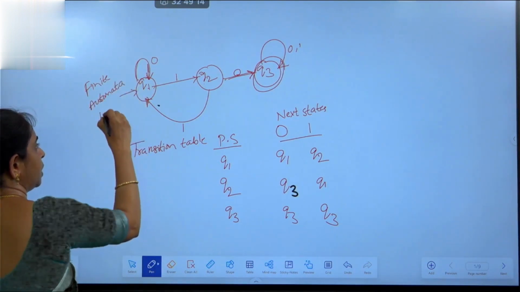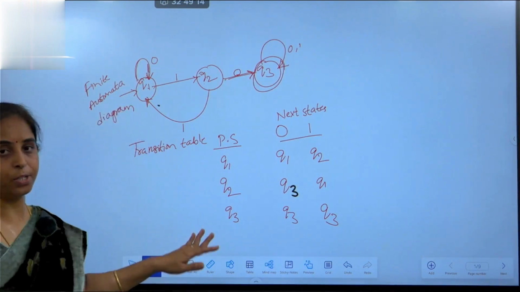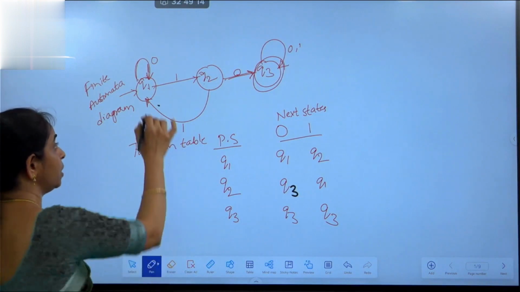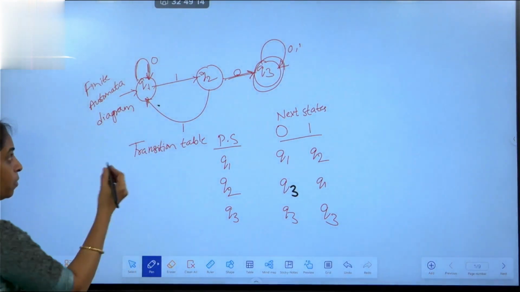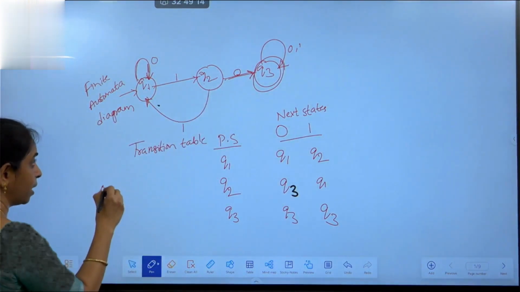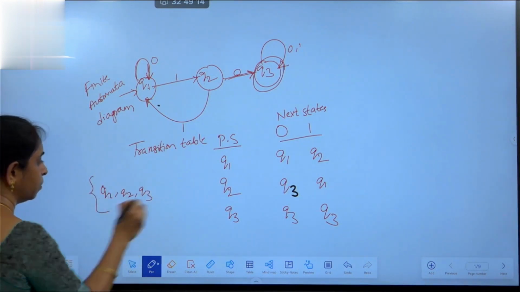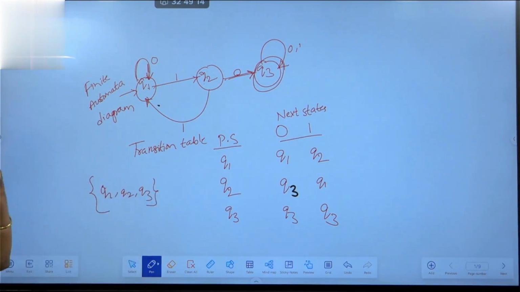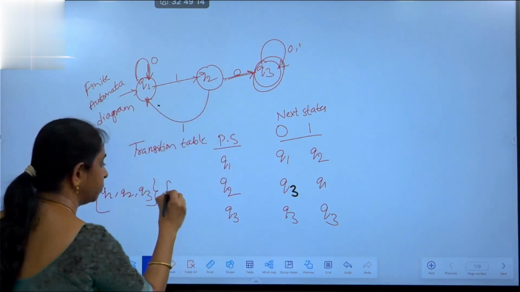For any type of finite automata, we have to take the transition table. Coming to the definition of the finite automata, here we have the states Q1, Q2, Q3, which are the set of states. The input alphabets are 0, 1.